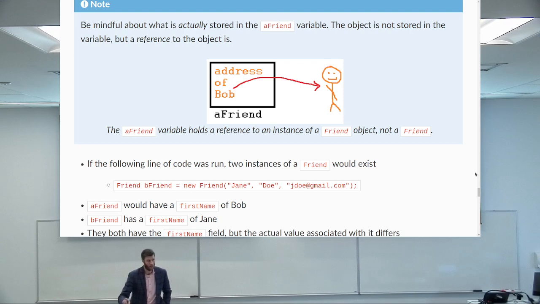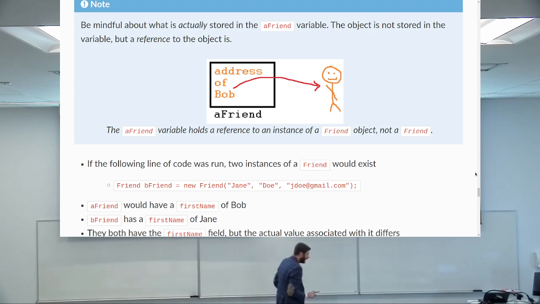This idea is not new to you. This idea is how all of Python worked except primitive types. Same thing with Java. Java works the same way except for primitive types, except really it does work the same with primitive types. You just need to be aware of what's actually stored in the variable. When you have a primitive type, the value of that primitive type, like an integer, is stored in that variable, whereas here, the value is the reference.